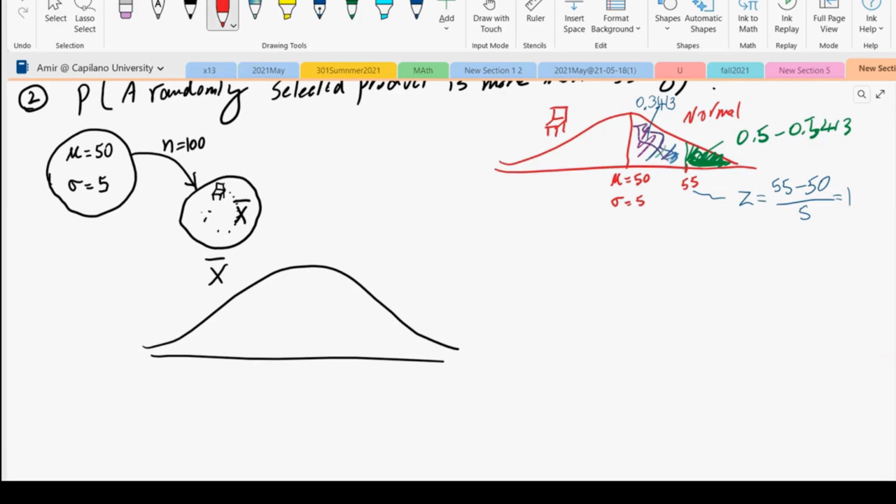But now we are answering a question about what will happen to the average of a sample. Therefore, this is a normal distribution based on the central limit theorem, which tells us that it is normal.